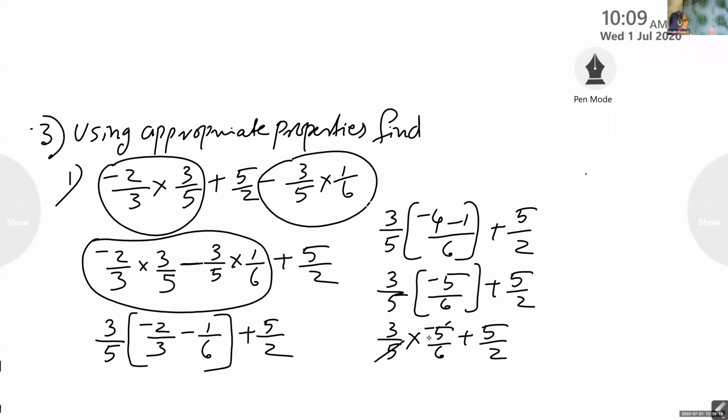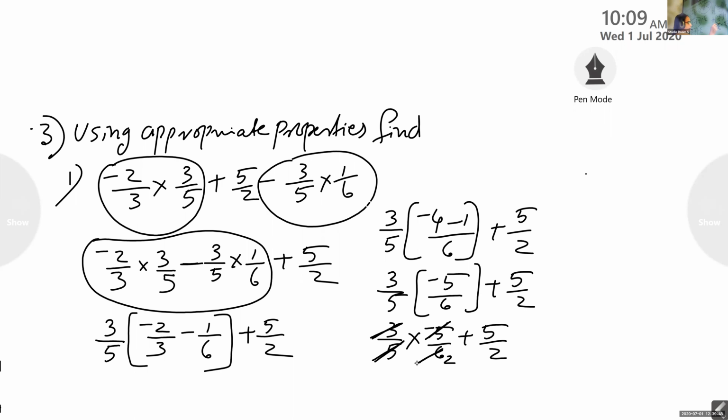5 we can cancel. Again 3 and 6, 2 times. So what remains in the first term? 5, no, 5 I cancelled from numerator and denominator. 3, 2 times in 6.